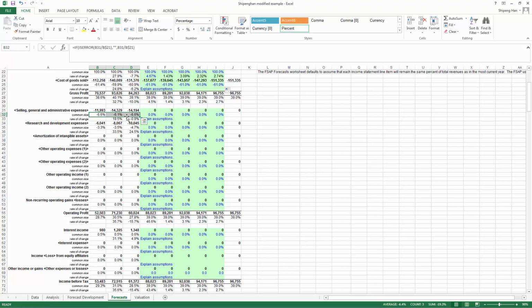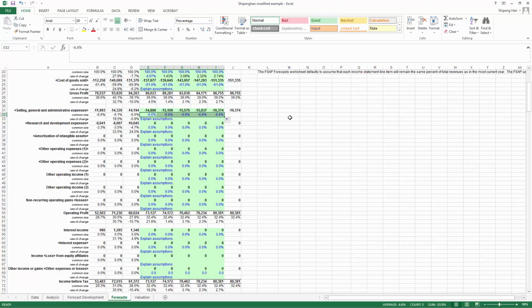The recent year is 6.6%. So we keep applying this percentage as the forecast of SG&A expense.